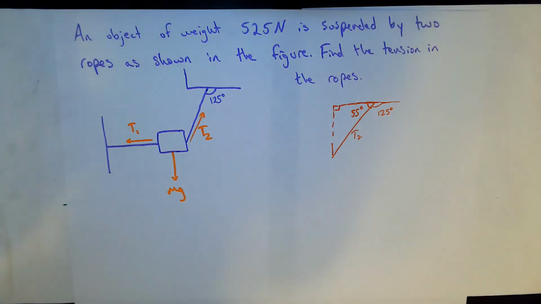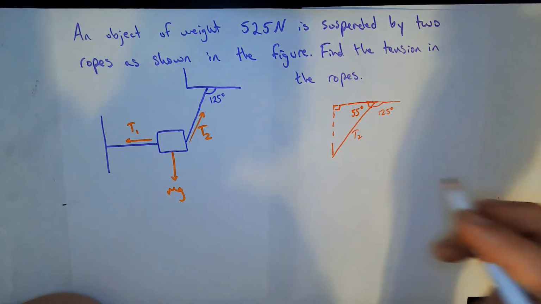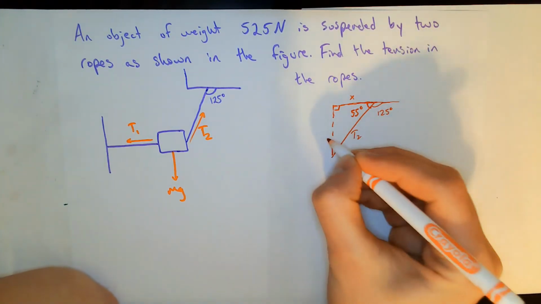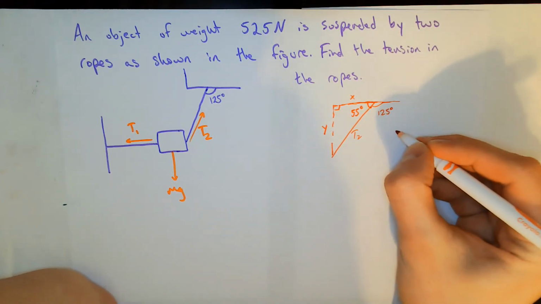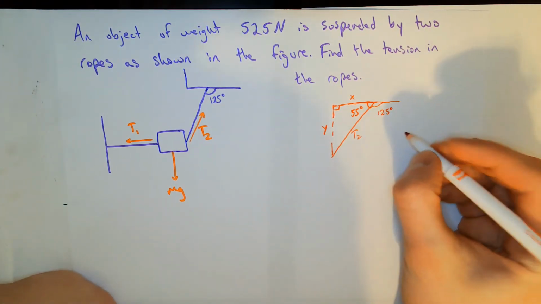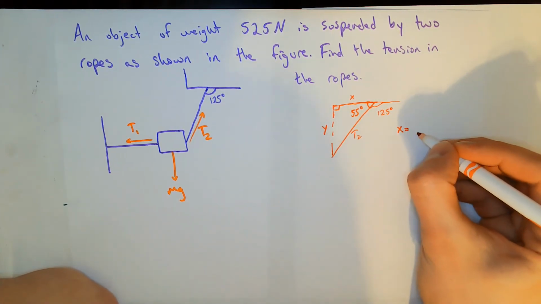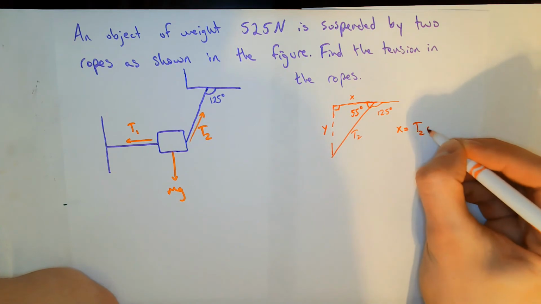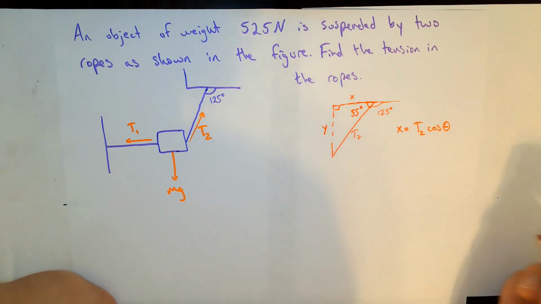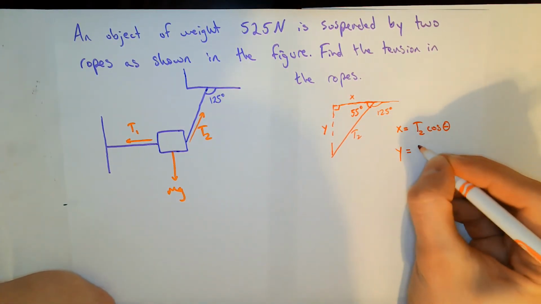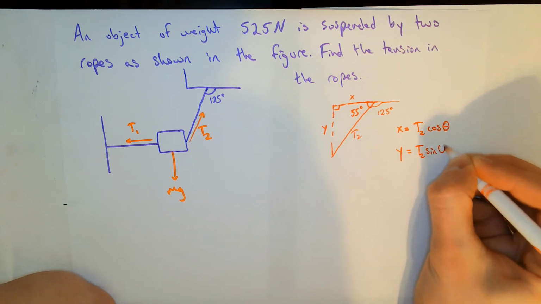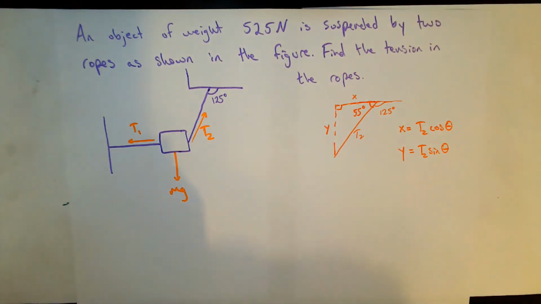Okay. This is my X side, this is my Y side. So X is adjacent, so this one is going to be T2 cosine of theta, and Y is going to be T2 sine of theta. It just depends on where your angle is given.